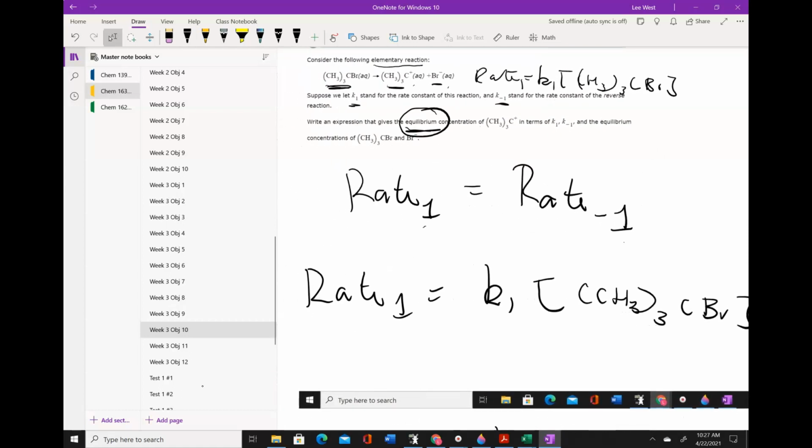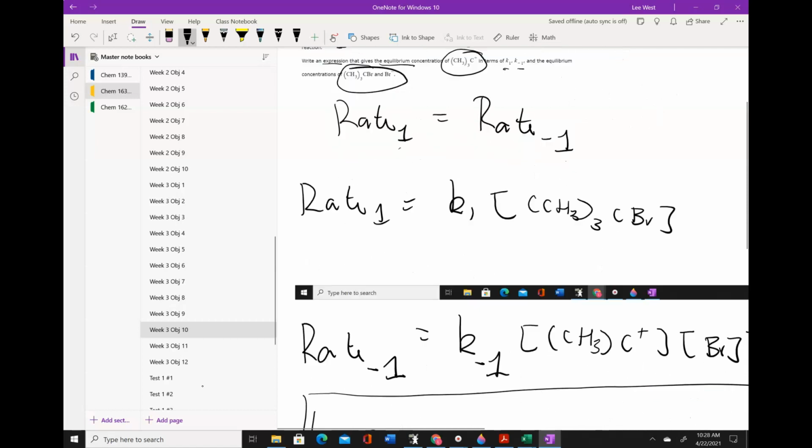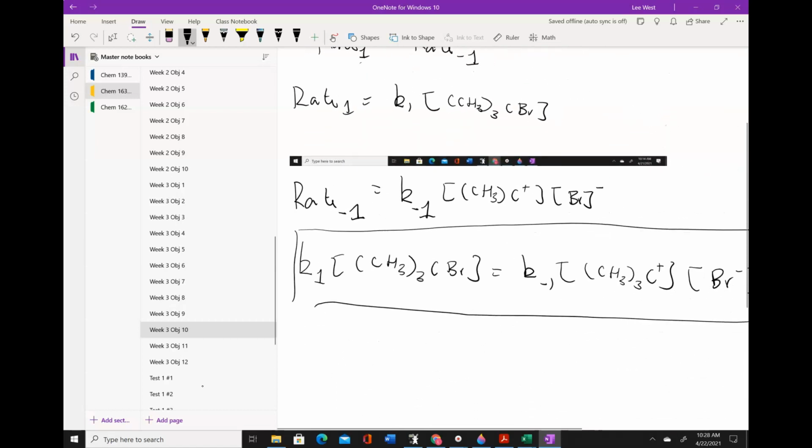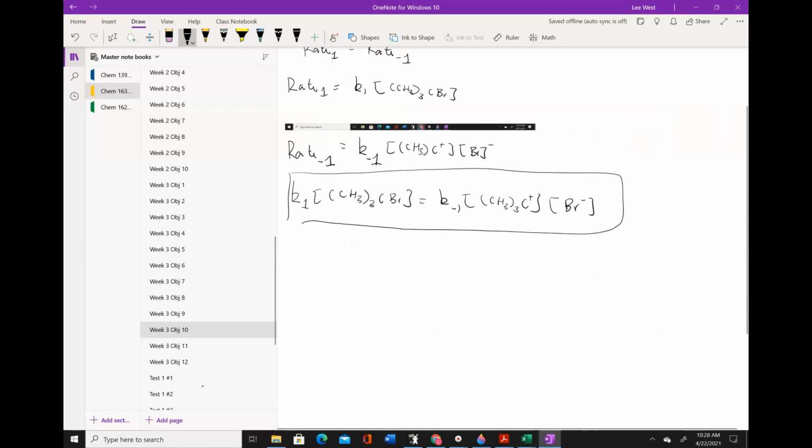So now let's have a look at what they ask for in the problem. It says write an expression that gives the equilibrium concentration of this cation here, in terms of K1, K minus 1, and the equilibrium concentrations of the other two things, the anion and the reactant. Well, that's going to be pretty easy, isn't it? I've just got to divide both sides by K minus 1 and Br minus.